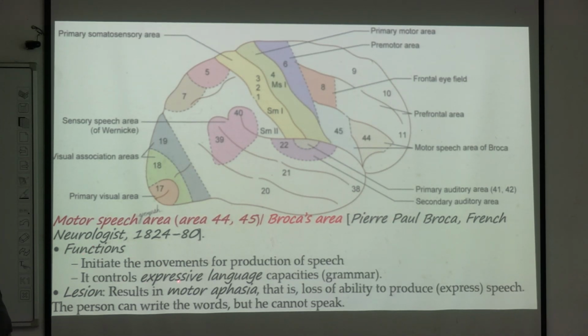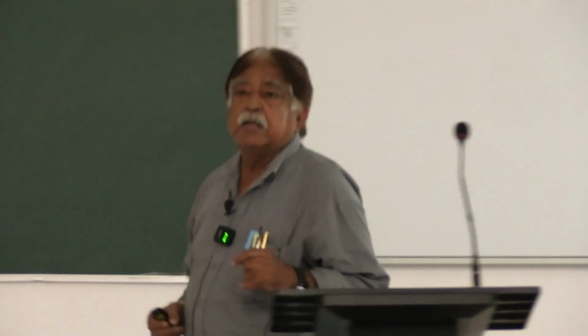It controls expressive language and capacities, grammar. Lesion results in motor aphasia, that is loss of ability to produce expressive speech. The person can write the words but cannot speak. So, you can ask the patient to write something.